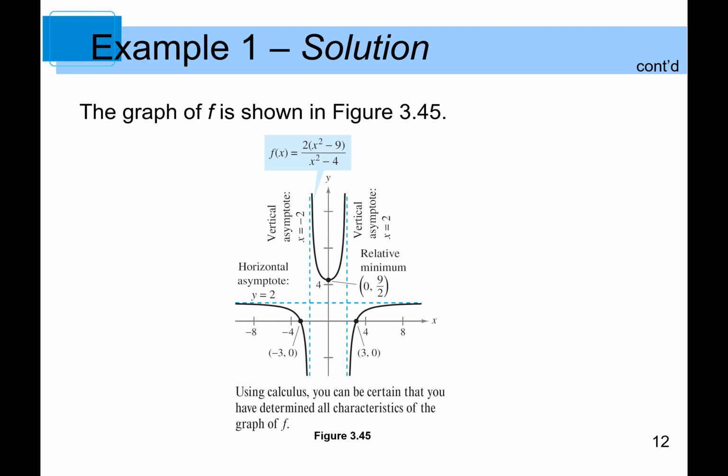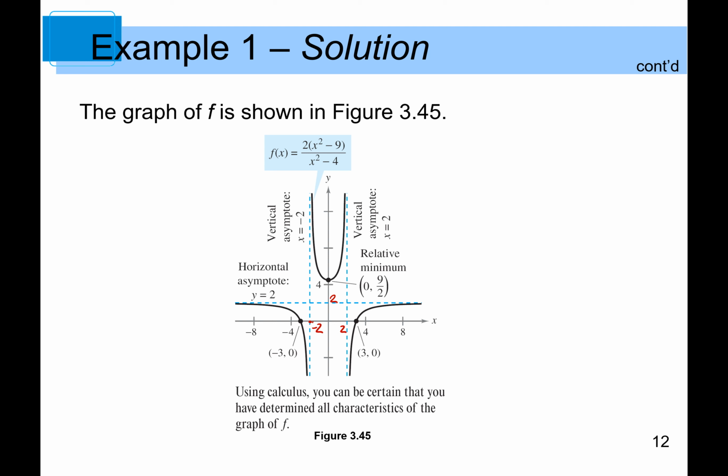So from negative infinity to negative 2, those two, x equals negative 2 and 2, are the vertical asymptotes. Horizontal asymptote, that's y equals 2. Okay. And from negative infinity to negative 2, it's concaving downward and decreasing, right?